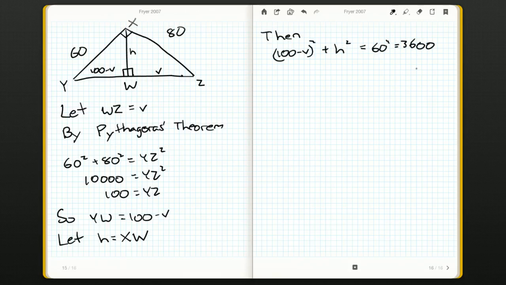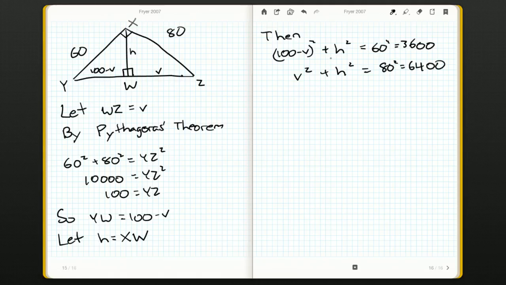That's 3,600. And we could expand this out, but we'll leave it for a moment. V squared plus H squared equals 80 squared, and that's 6,400. So we have this common H term here.